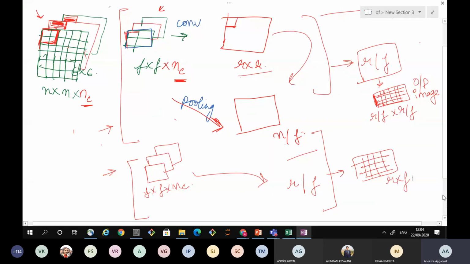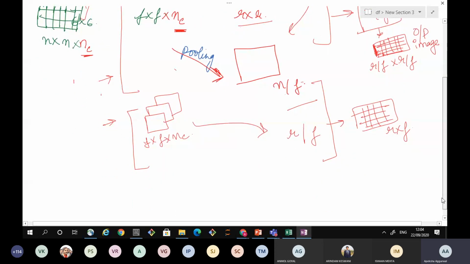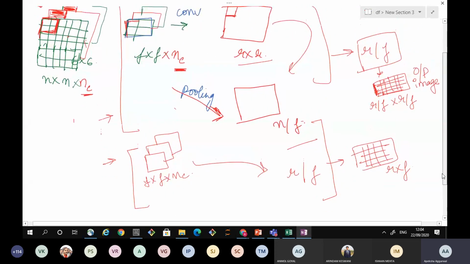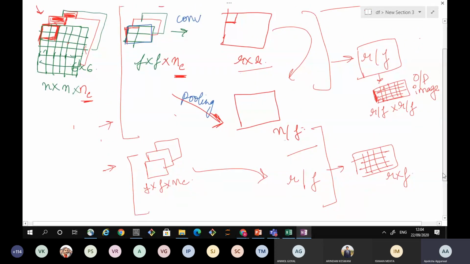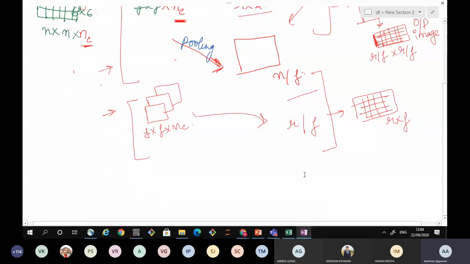So how many times would I get this r by f? If I have 5 filters, I will get 5 times an r by f cross r by f size image, right?